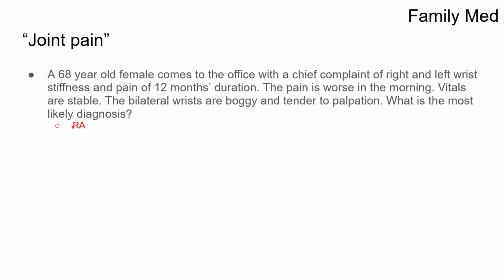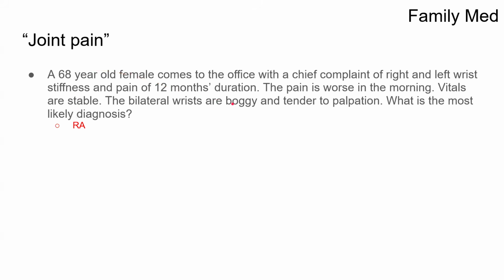This is most likely rheumatoid arthritis. The features that suggest rheumatoid arthritis are bilateral wrist stiffness and pain, and it's worse in the morning. If there's joint pain that is worse in the morning and gets better with rubbing it or moving it around, that could be an arrow in the direction of rheumatoid arthritis.